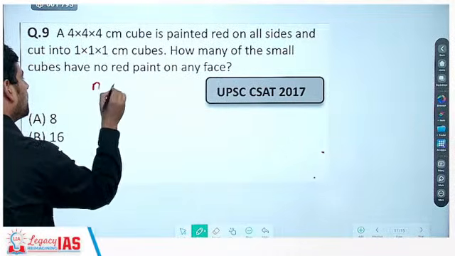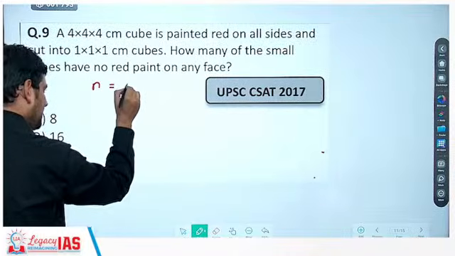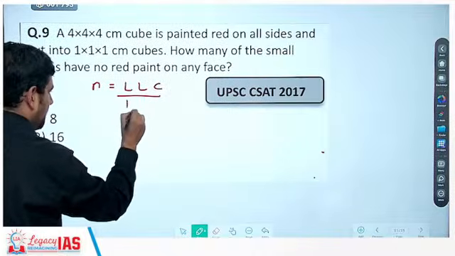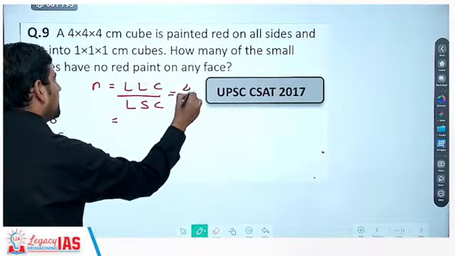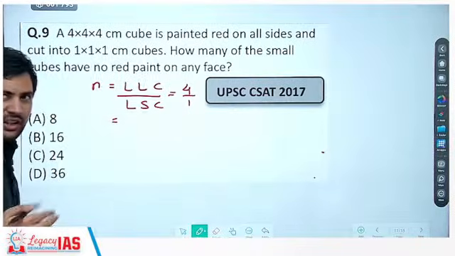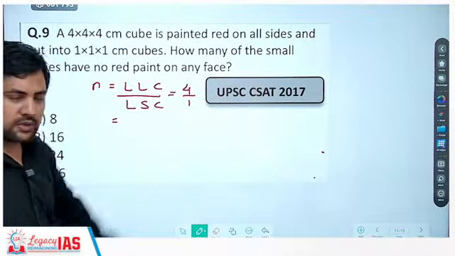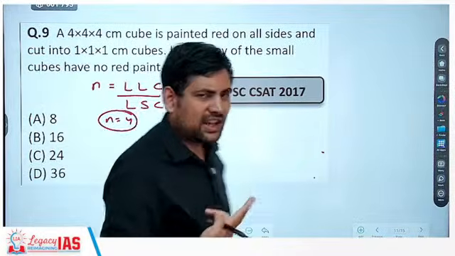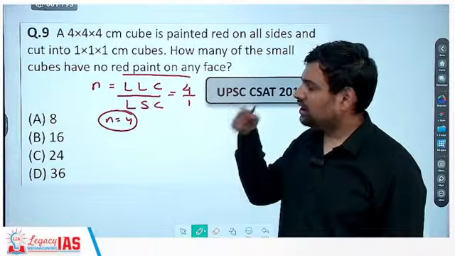N is the length of the larger cube upon the length of the smaller cube. What is the length of the larger cube? It is 4 for the larger cube, 1 for the smaller cube. Ultimately n came out to be 4. Now once you get the n, then no red paint on any face.